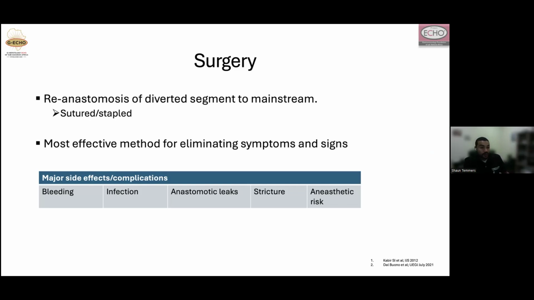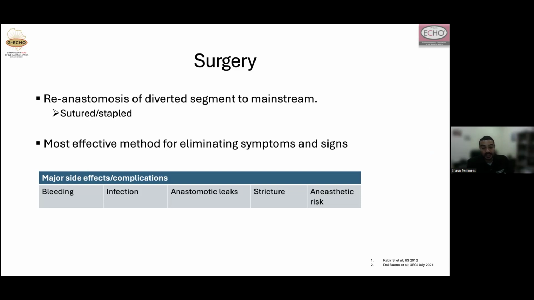So surgery as a whole for this condition, you put the 2 pieces of colon back together. The surgeon decides whichever way he wants to put it back together, and the disease is cured. The most important part that needs to be explained to the patient is that there are major side effects and complications that occur in these patients.